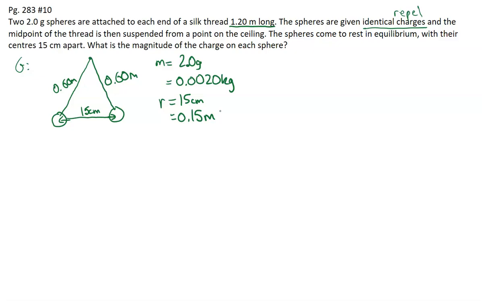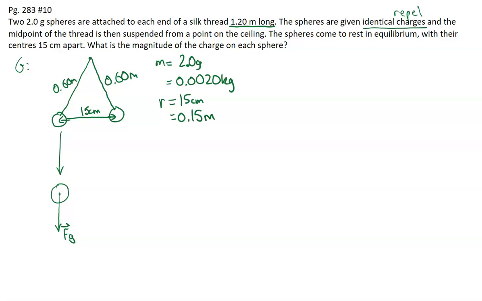We're given that they're resting in equilibrium. And so one of the things that we could consider here is that if they are in fact in equilibrium, I'm just going to look at this one on the left here. There's this force of gravity that's trying to pull it downwards. But there's a whole bunch of other forces acting on that as well.